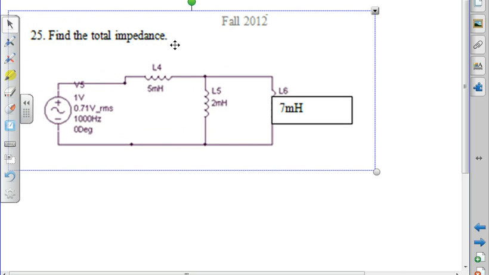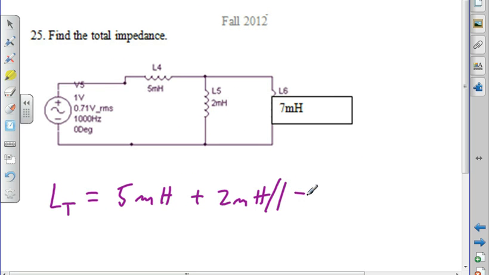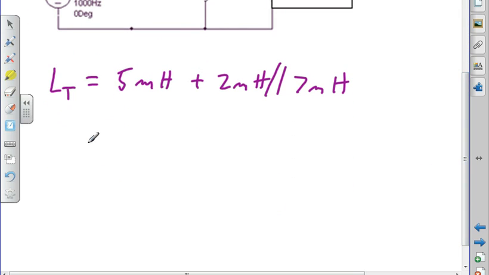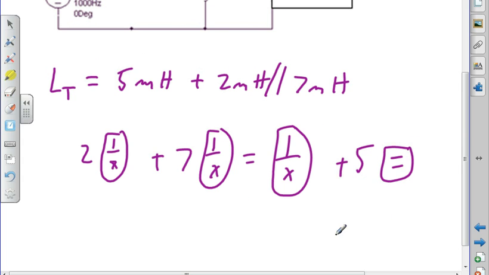Okay, we want the total impedance. My total inductance is 5 millihenry plus 2 millihenry in parallel with 7 millihenry. So in my calculator, I'm going to go 2, 1 over key, plus 7, 1 over key, equals, 1 over key, plus 5 equals, and write down my answer.